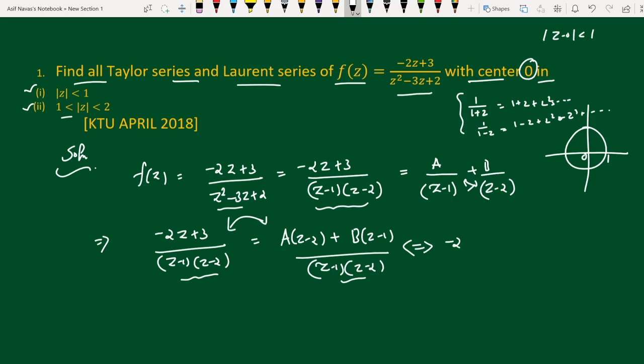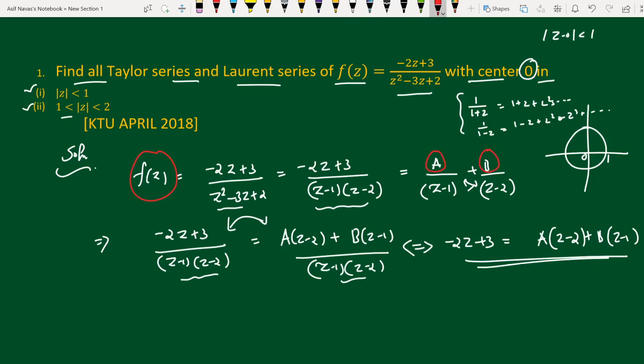So we can write minus 2z plus 3 is equal to A into z minus 2 plus B into z minus 1, and we call this equation number 1. What we have to find are A and B; these are the unknowns. Then we can write f of z in this form.